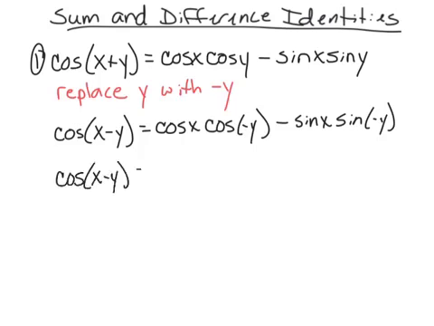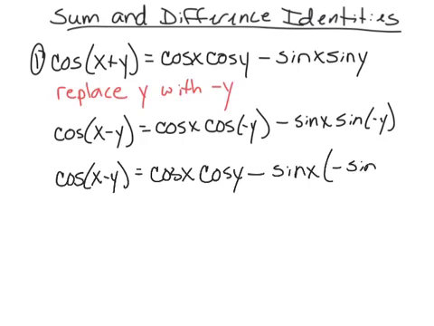The cosine of x minus y is equal to cosine of x, and then using that symmetric identity, cosine of y, minus the sine of x times negative 1 times the sine of y. All I have left to do is to multiply this negative 1 by this one, because that's really a plus negative, and this leads us to our second identity.